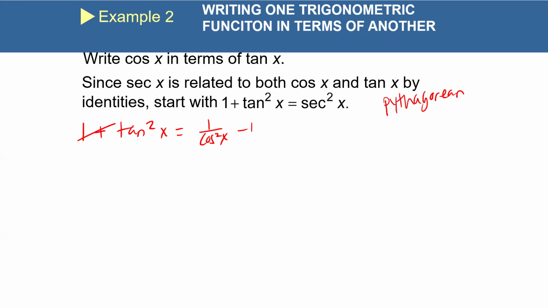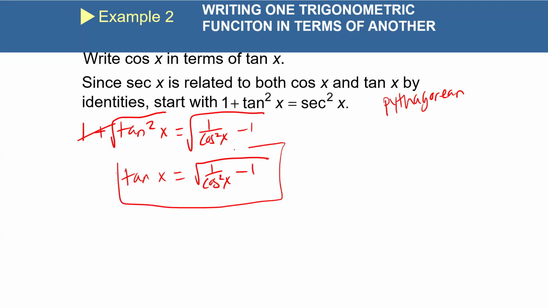It says tan squared, so I'm going to take the square root. So we get that tan x equals the square root of 1 over cosine squared x minus 1. And that's where you stop, because now it's tangent in terms of cosine only.